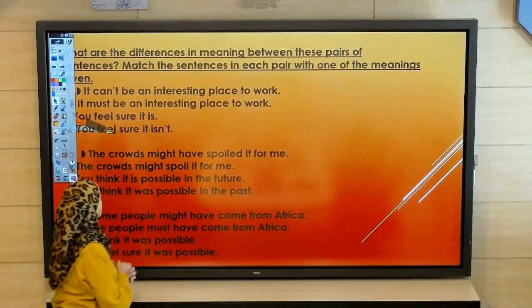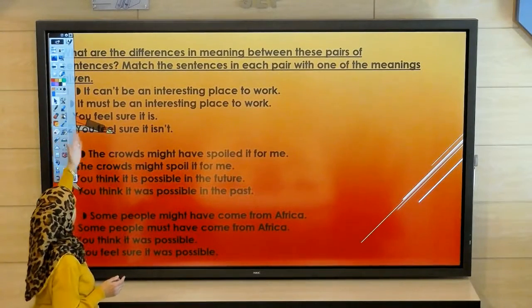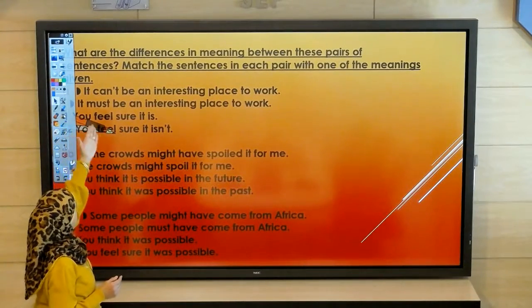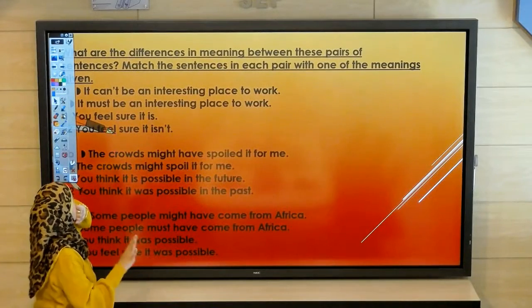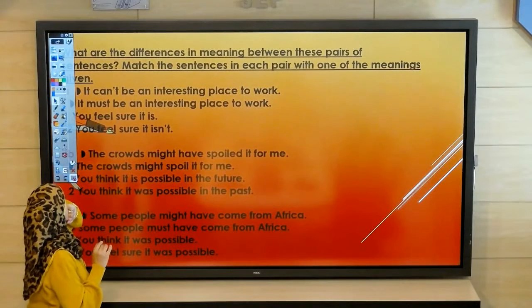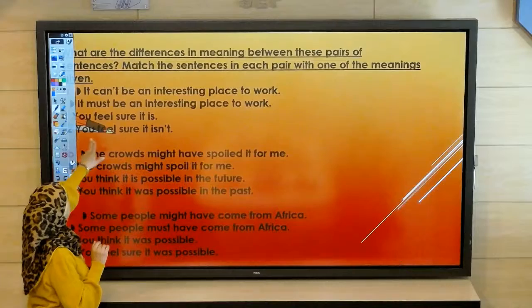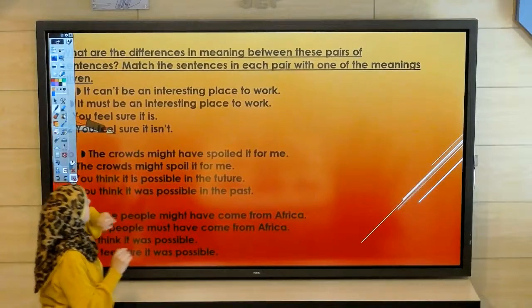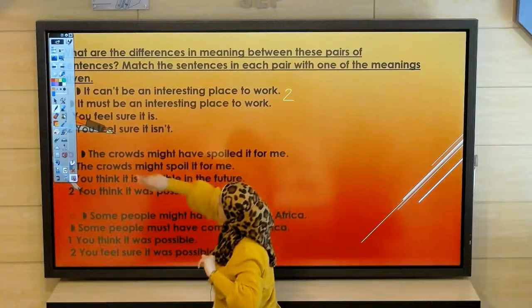Notice, okay, to explain it in another way, it can't be an interesting place to work. It can't be. So here, you feel sure it isn't. So here, the right answer is 2.